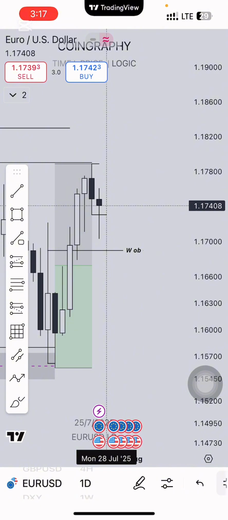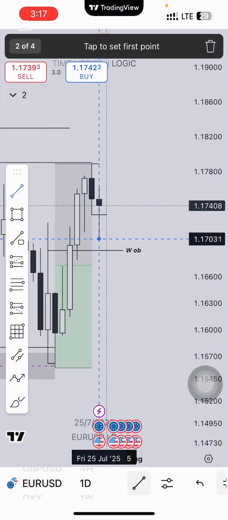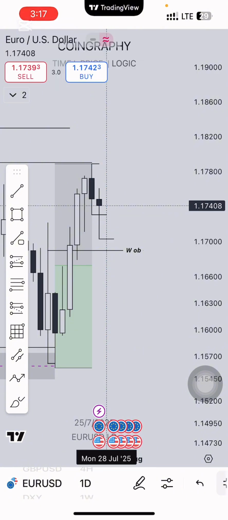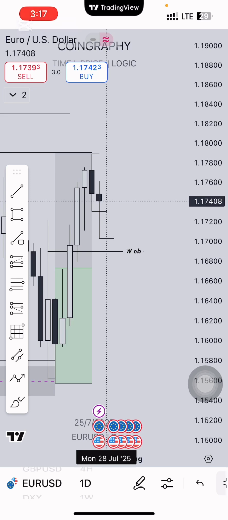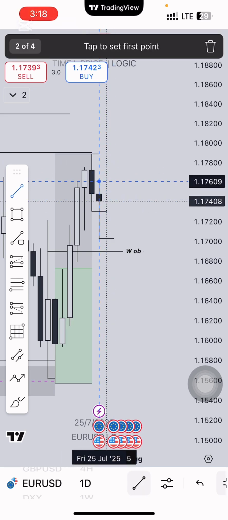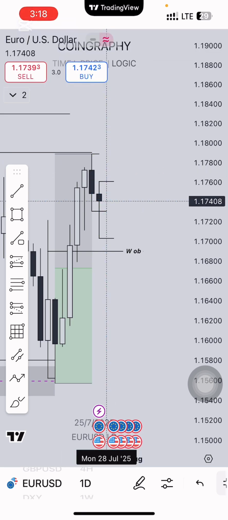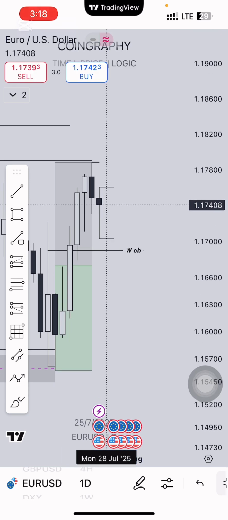But another thing that could happen is, instead of Monday completing the CLT, it actually falls lower to take out Friday's CLT, Friday's candle. So it's kind of like a Friday model.